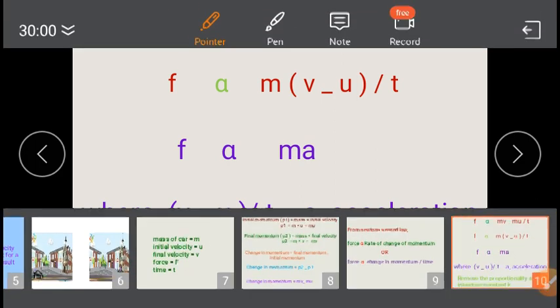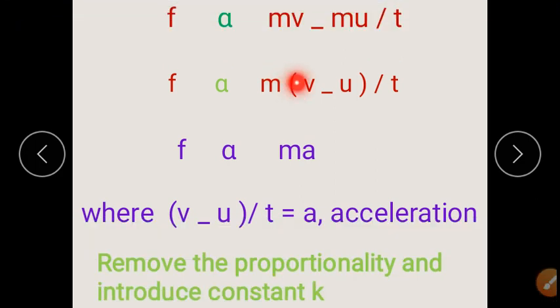You can see that in both terms mass is there, therefore we can take mass outside and rewrite: F is proportional to m into (v minus u) by t.